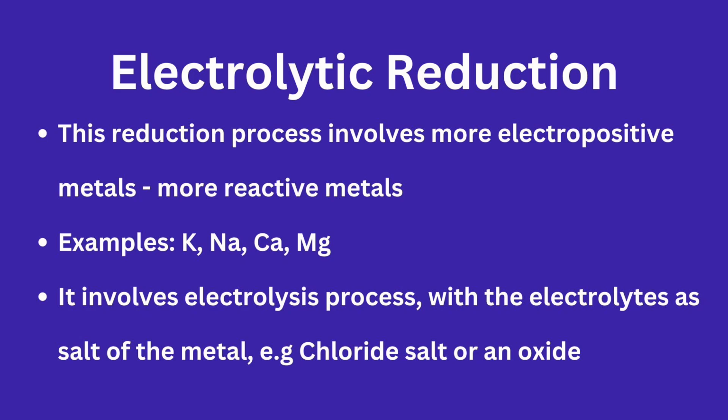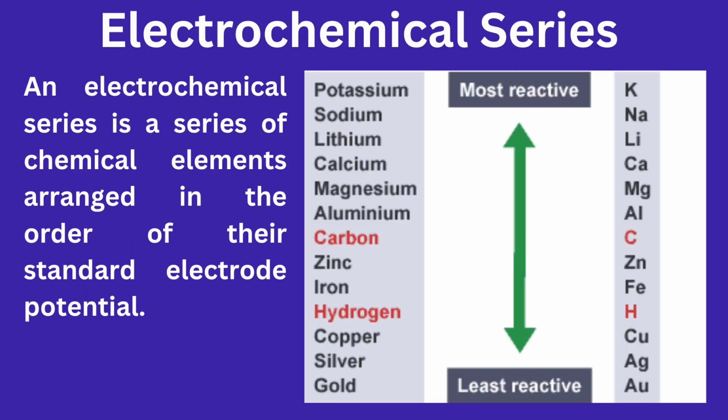The electrolytic reduction method involves the most electropositive metals at the top of the electrochemical series. Now we have electrochemical series. For those of you that don't know, electrochemical series is the arrangement of elements in order of their reactivity, in order of how reactive they are, in order of how active they are when they go into reaction.